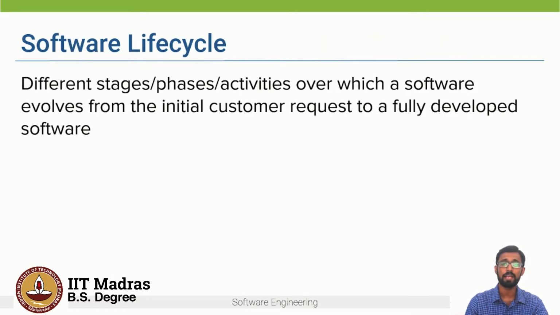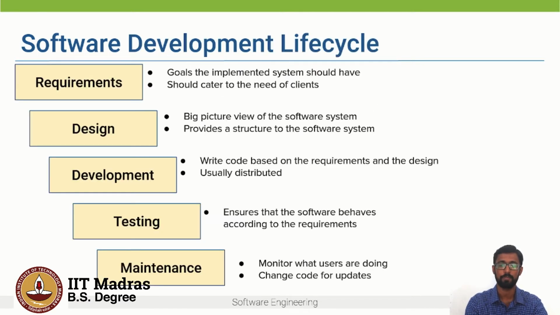So the software lifecycle is the different stages, phases and activities over which a software evolves from the initial customer request to a fully developed software. And we saw some of these activities in the previous lecture.